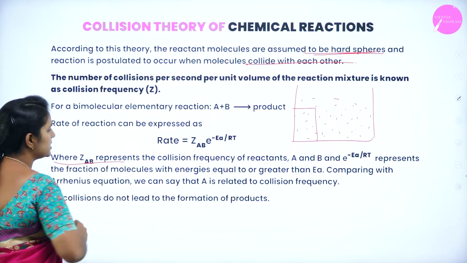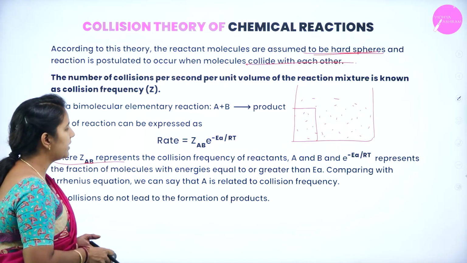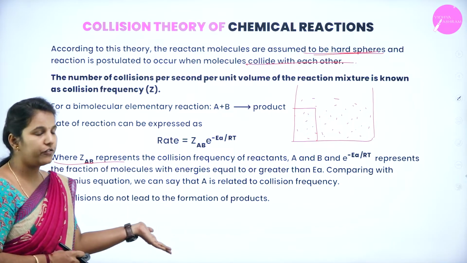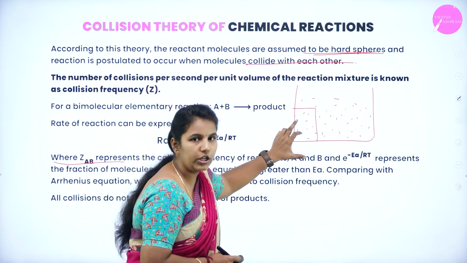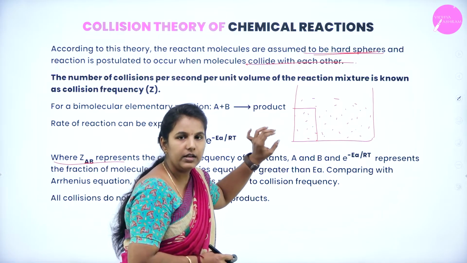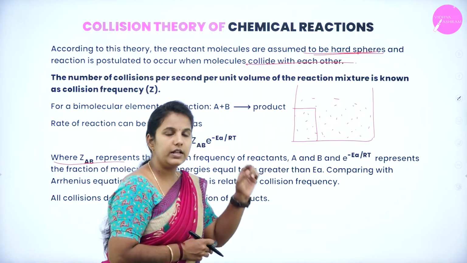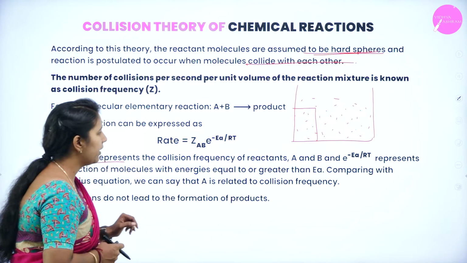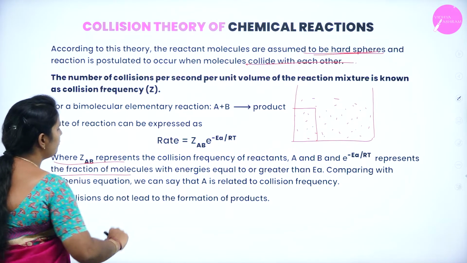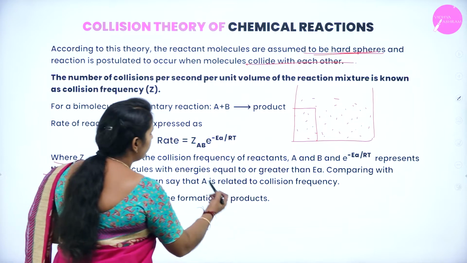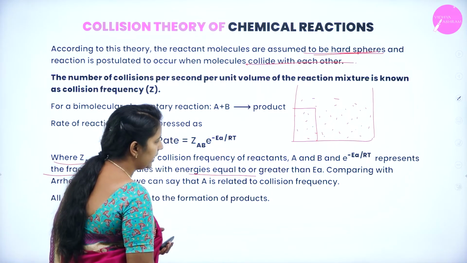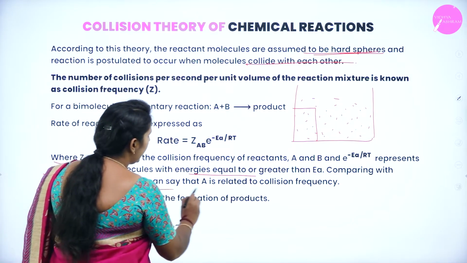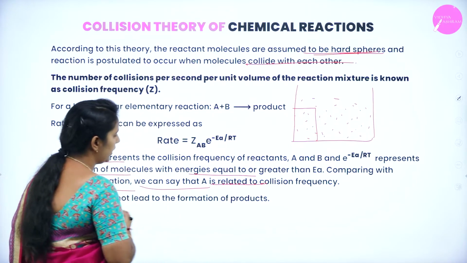Z_AB represents the collision frequency of the reactants A and B, that is, the number of reactant molecules that collide in 1 second in one unit volume. The exponential term represents the fraction of molecules with energy equal to or greater than Ea. By comparing with the Arrhenius equation, we can say that A is related to the collision frequency.